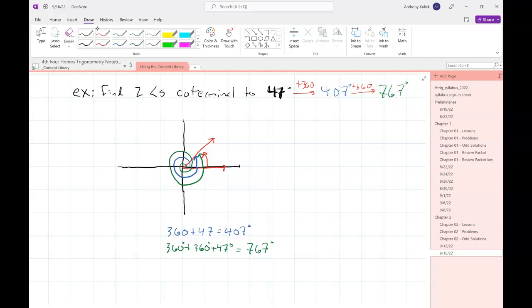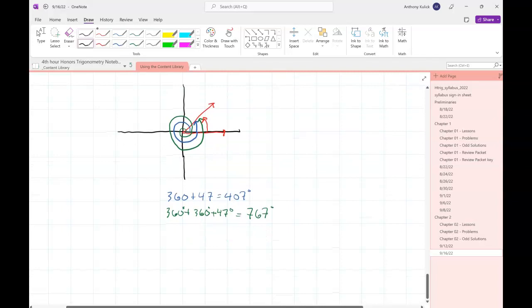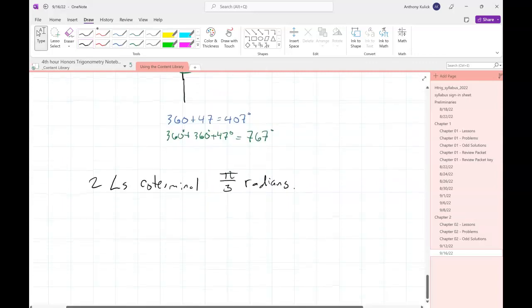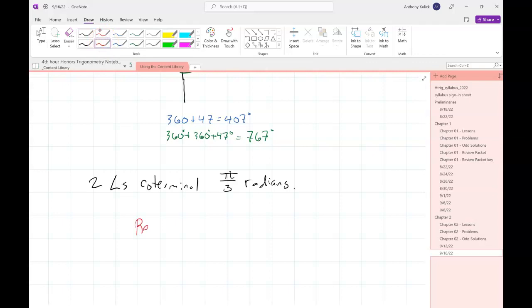All right. What if instead we want two angles coterminal to pi over 3 radians? Okay, so why 2 pi? Remember that in section 2.1, we encountered the conversion factor that 180 degrees was equal to pi radians.